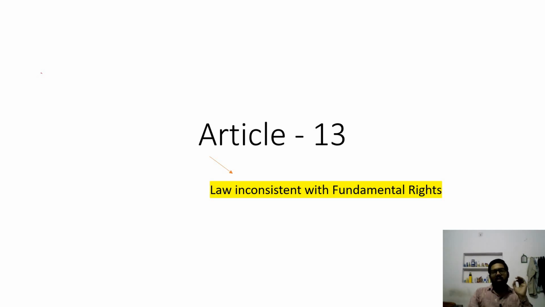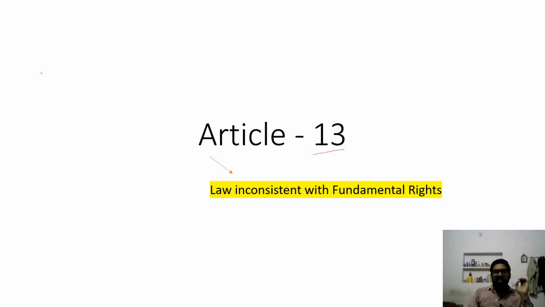Okay, what happens if any law is against our fundamental rights? There is a very big problem. There is an issue. So Article 13 protects us. Okay, so this is the importance of Article 13.